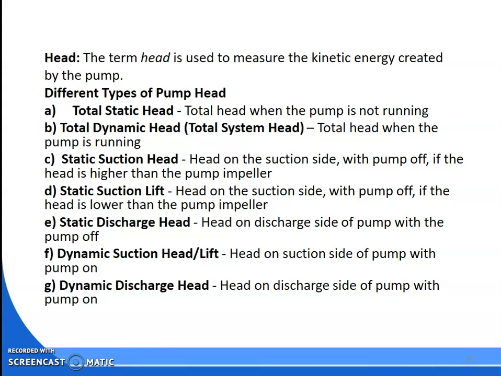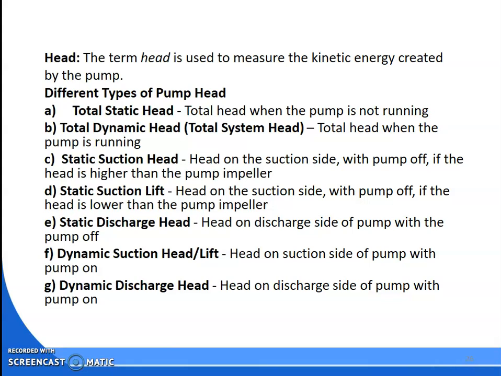What is total static head? Total head when the pump is not running. What is dynamic head? When the pump is running. What is static suction head? Head on the suction side with the pump off, if the head is higher than the pump impeller.